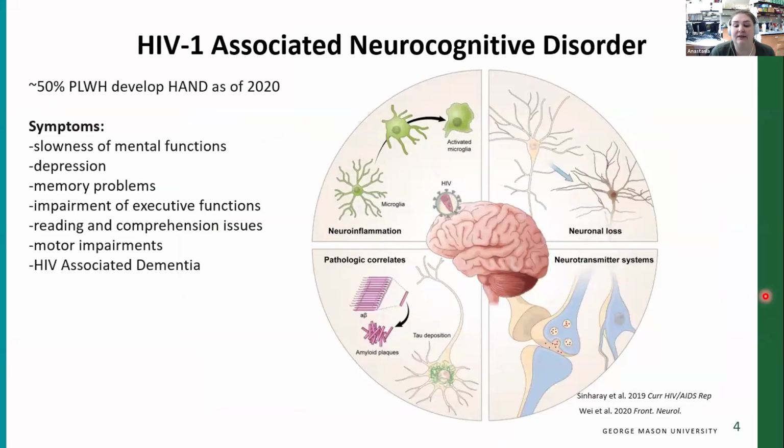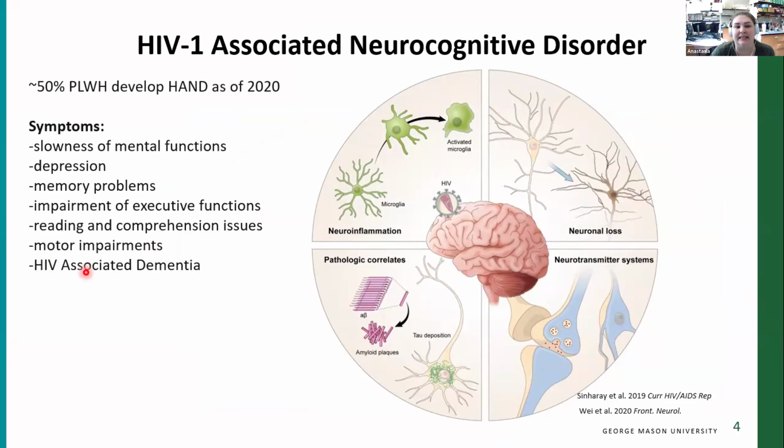With these HIV-associated complications, the one that I am most focused on is HIV-associated neurocognitive disorder, or HAND. Around 50% of people living with HIV develop HAND. And with the treatment of CART, we've gone from the most severe form, which is HIV-associated dementia, to the less severe forms, including the asymptomatic form.